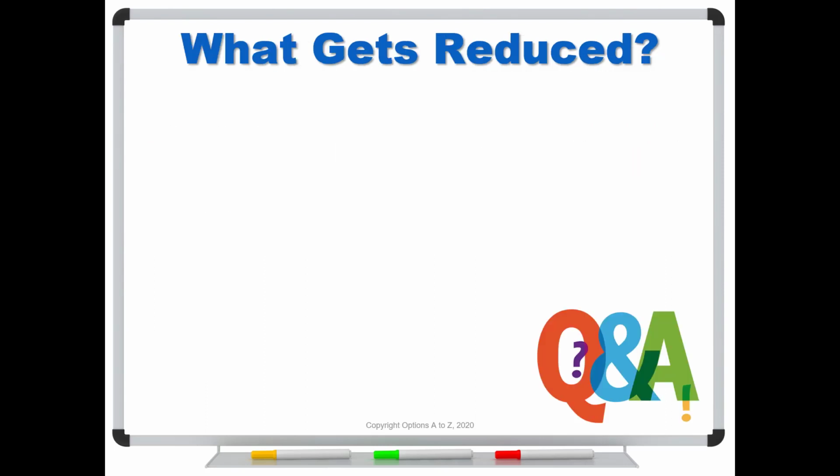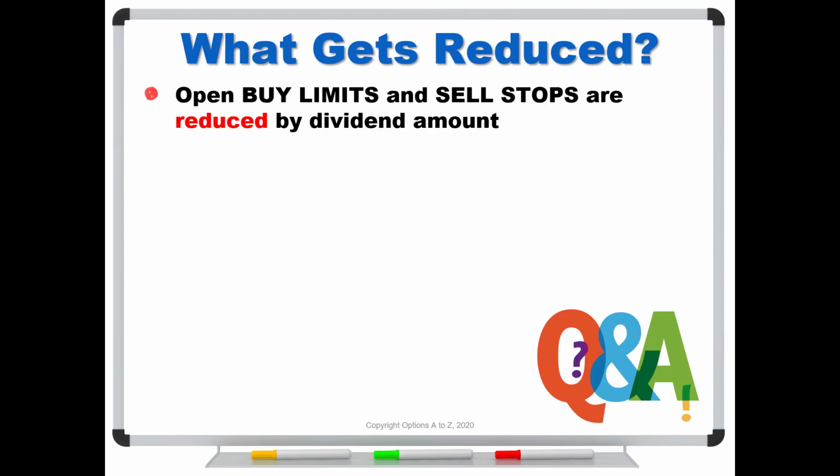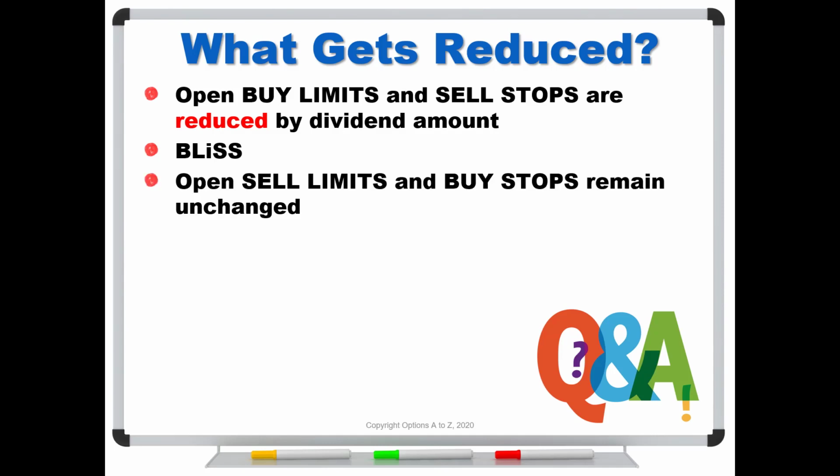Okay, so remember when you're looking at these orders, what gets reduced? It is the open buy limits and sell stops that are reduced by the dividend amount. And back when I was taking the Series 7, they would come up with some creative ways to remember this, and they came up with an acronym of BLISS, buy limits, sell stops. On the other hand, the open sell limits and buy stops remain unchanged. They are not touched.